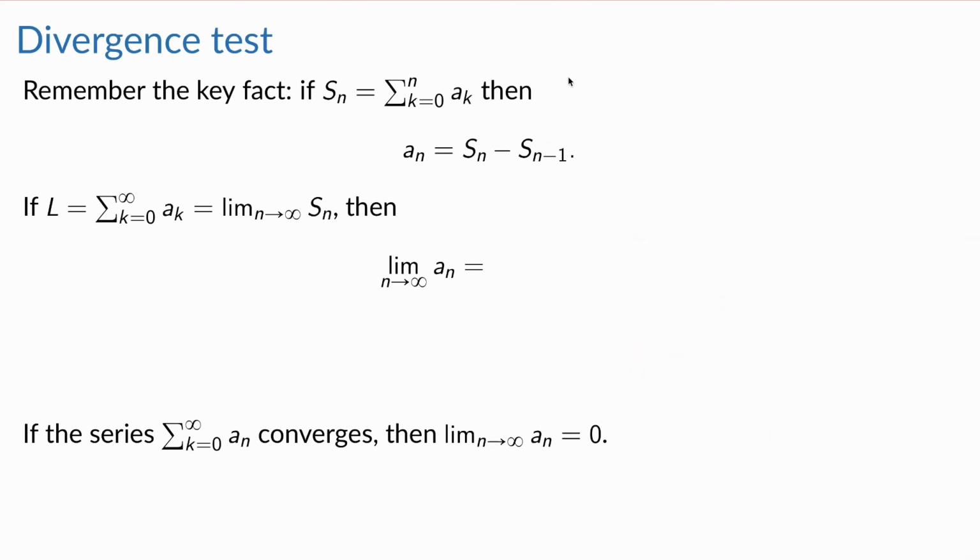There are going to be two ingredients in this argument. The first one is the key fact that if we're interested in the series, right, so secretly behind what we've written, we're interested in the series sum from k equals 0 to infinity of ak. That's the series we're really interested in. Well, then we can look at its partial sums, right? That's a partial sum.